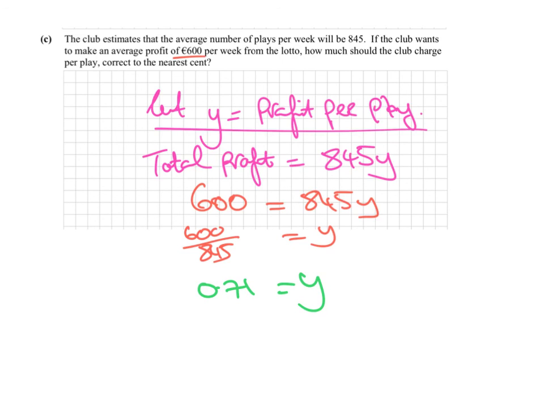So that is the profit per play, but it's how much should they charge for it. So 71 cents, and then obviously we've got the expected value of 2.29. So if we add that together, it's going to give me €3.